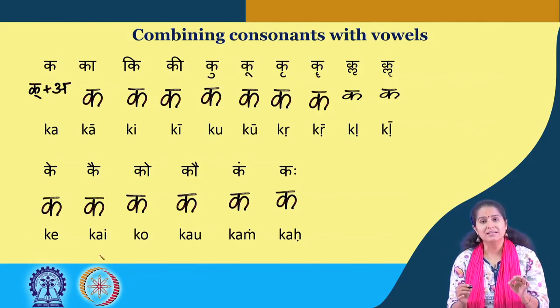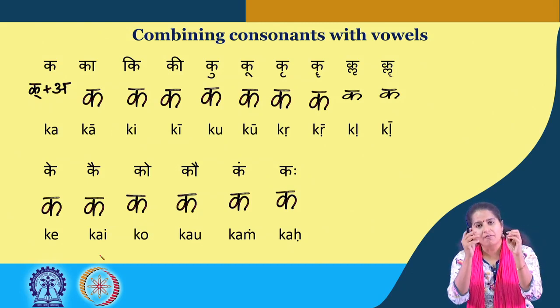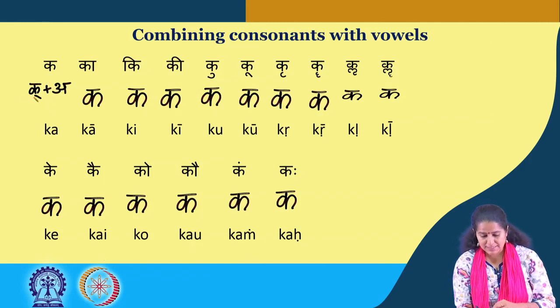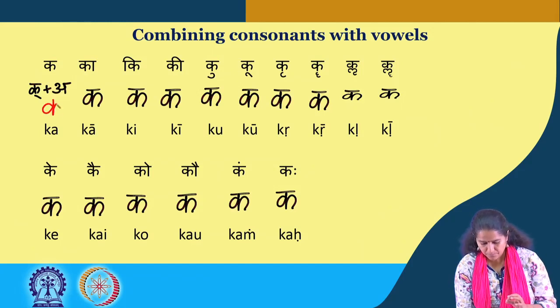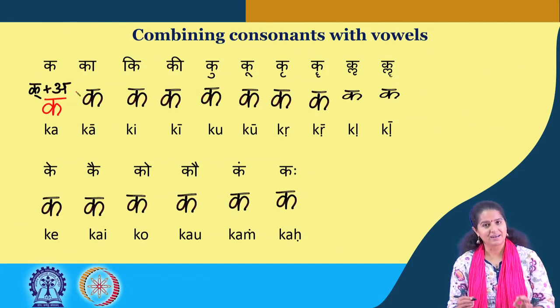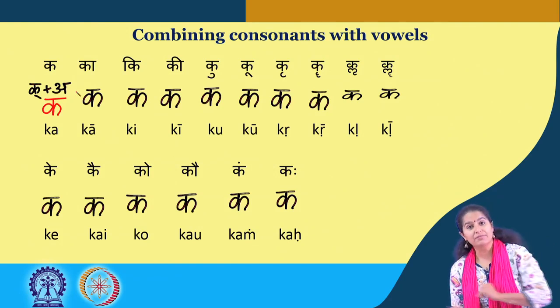Now, when you see the letters in the varnamala, they are normally the consonant along with the vowel a. So, like you can see here, we have the k, which is the consonant, with the vowel a, which becomes the k. But then you have all the different vowels as well.